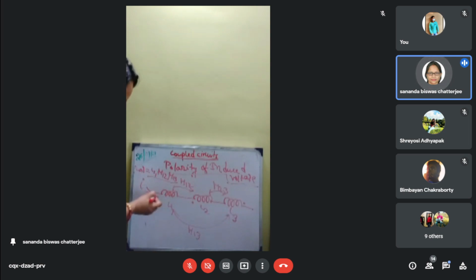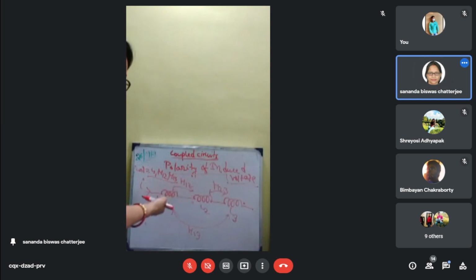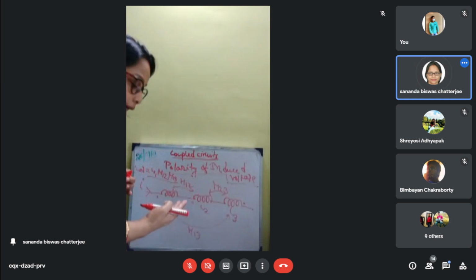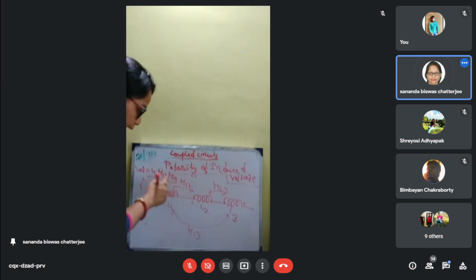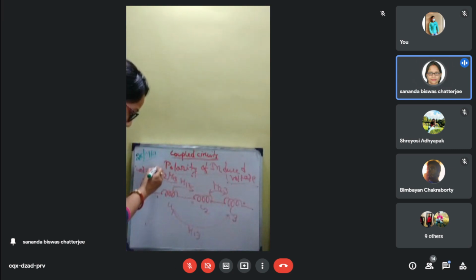For coil 1 also, the current is entering, the dot is in the entering position. For coil 2 also, the current is entering, the dot is in the entering position. That means these two coils are in a similar manner, right? So if the dots are in the similar position of both the coils, then we will give plus. In this case, it will be plus.